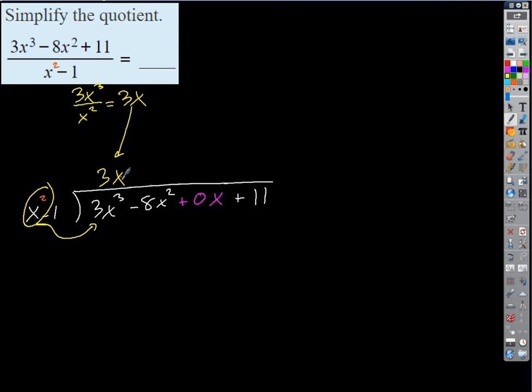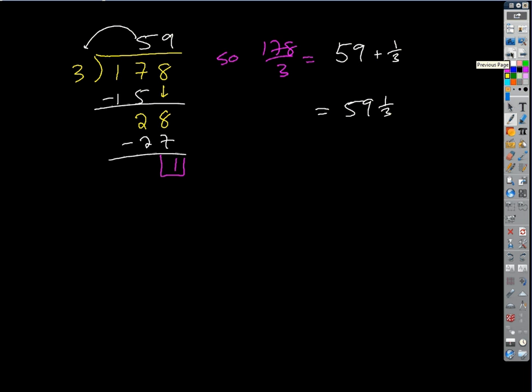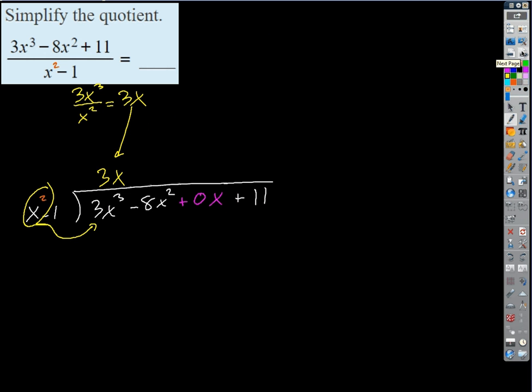What do you suppose we do next? When I get a number up here, what did I do? Well, first I multiplied, right? And then I subtracted that product. So for long division involving polynomials, we'll do the same thing. We're just going to multiply 3x by whatever the polynomial is out front. 3x times x squared is what?